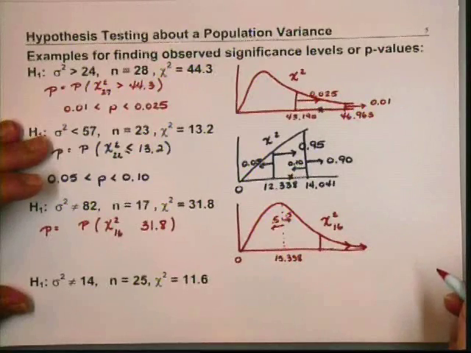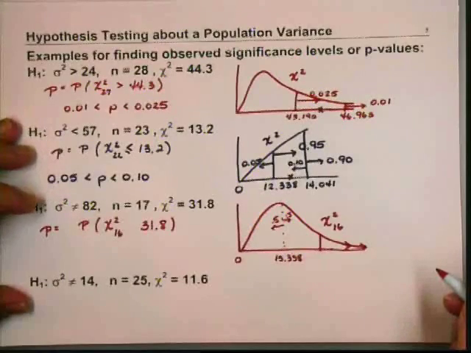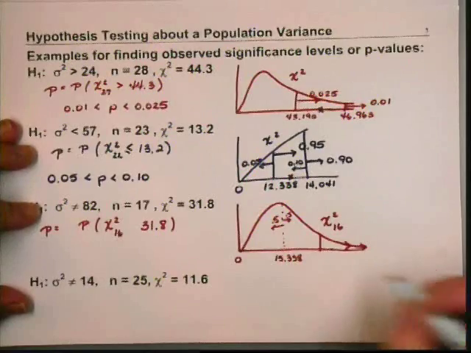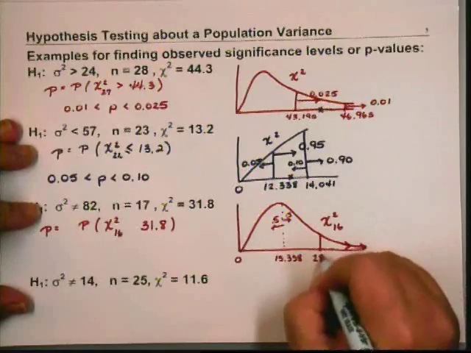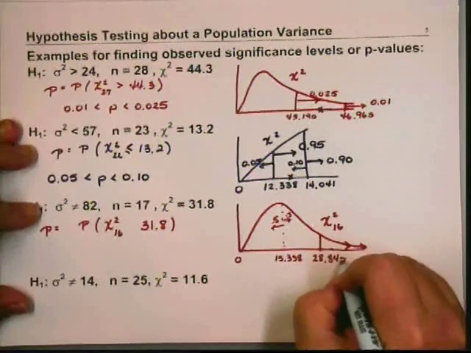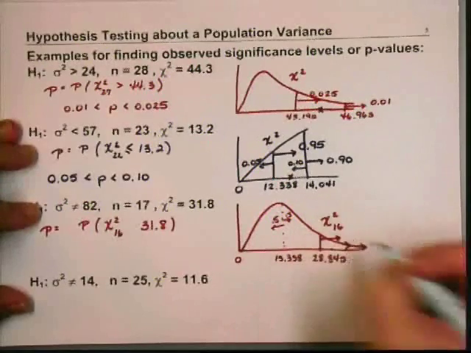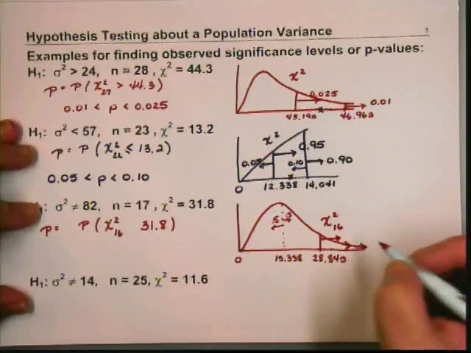So we come over here. The closest chi-square value on the left is 28.845, and it determines a right-hand area of 0.025.